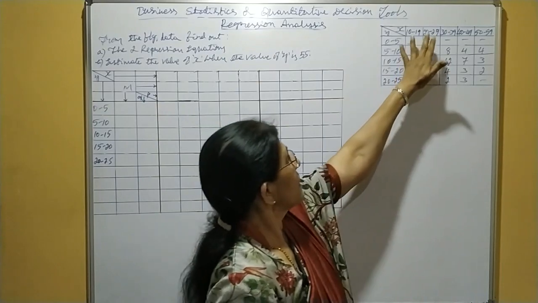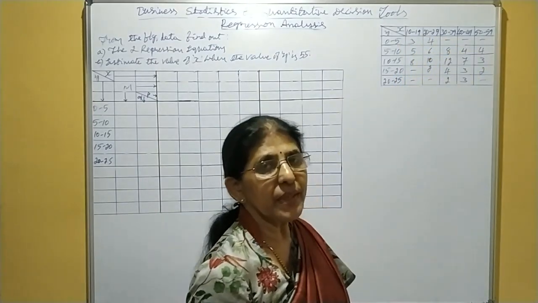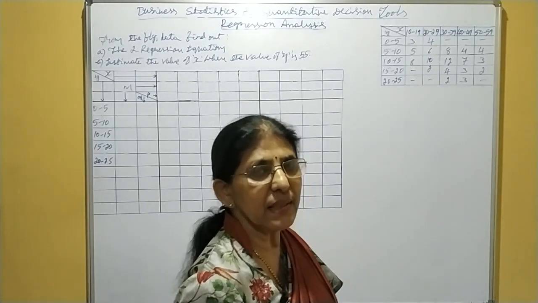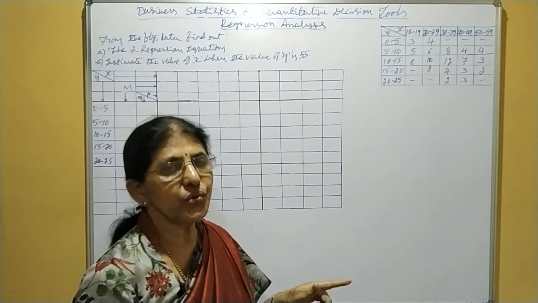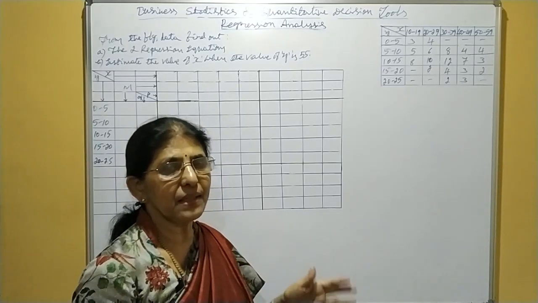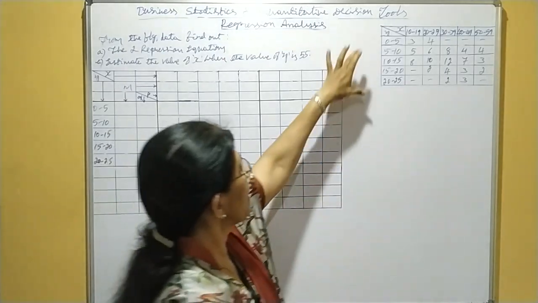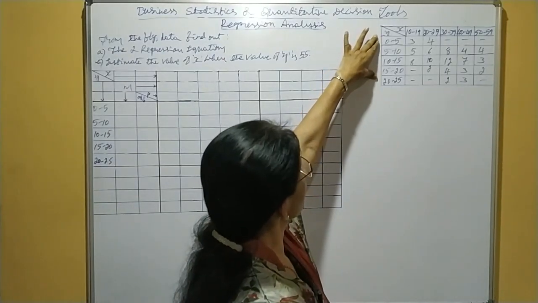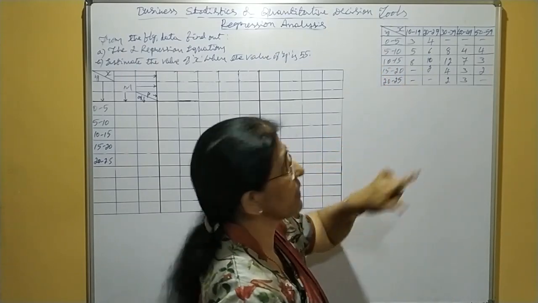Here the upper limit of any class is not equal to the lower limit of the immediate next class. That is known to you. It is given under the inclusive method that we have already come across under the frequency distribution table. Now, in case of variable y, 0 to 5, 5 to 10, 10 to 15, 15 to 20, 20 to 25.